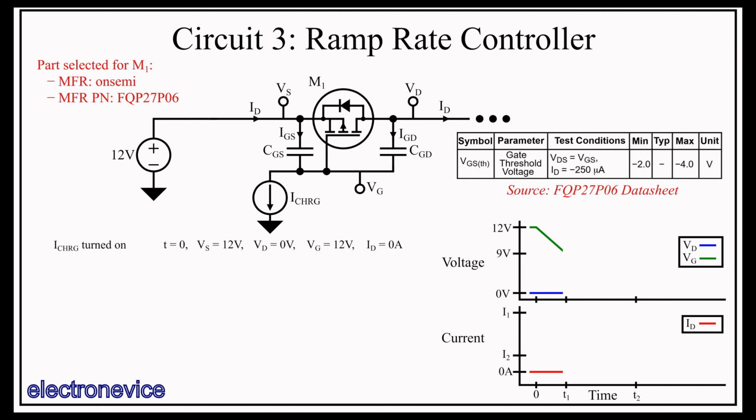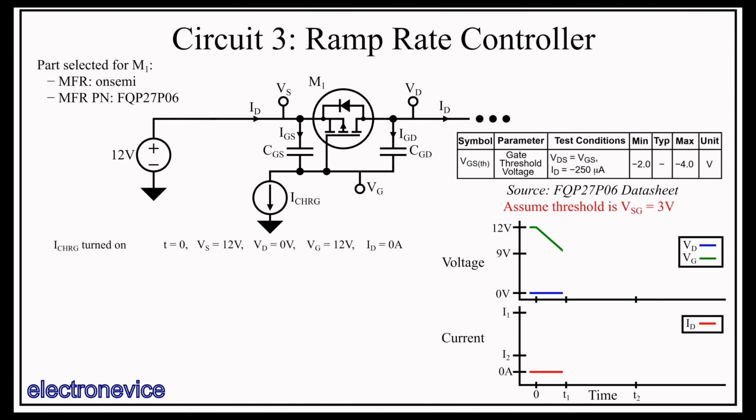Note that negative in the datasheet is because they're quoting VGS, and the gate has to be lower than the source in order for a P-channel MOSFET to turn on, the opposite of an N-channel MOSFET. I often tend to switch to VSG under these circumstances, as it helps intuitively for me if the voltage that drives MOSFET turn-on is a positive number. We'll assume the threshold for our M1 is right in the middle of the specified range for this part, or about 3 volts VSG.